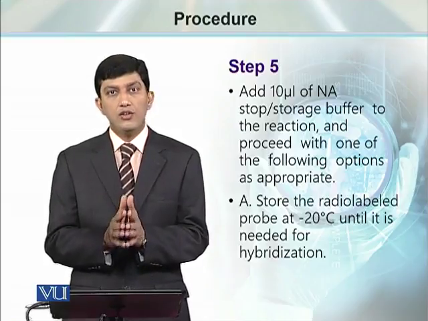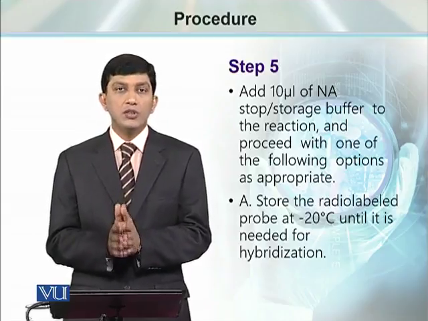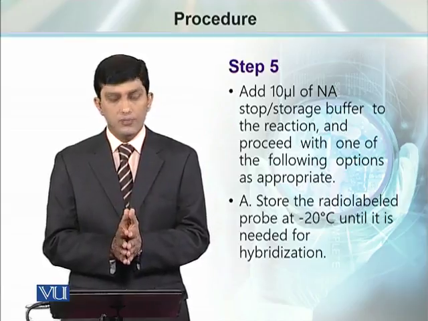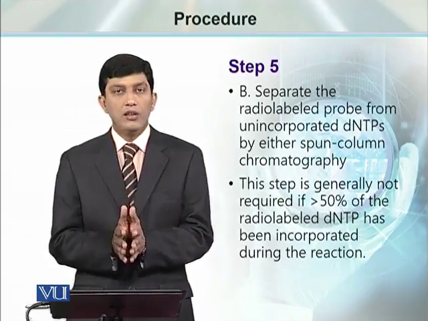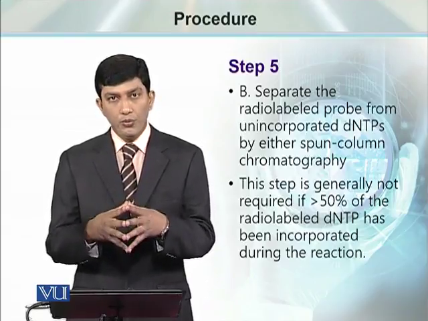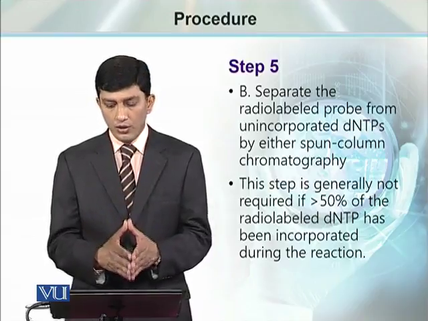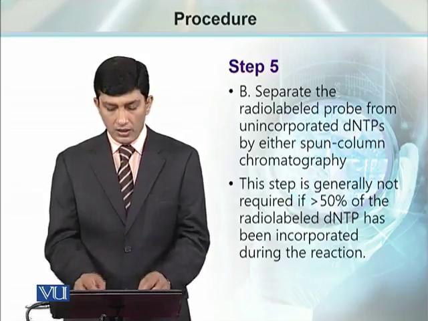Either we can store this radio labeled probe at -20 degrees centigrade for further use in the Southern blot hybridization, or we can purify the radio labeled probe from the unincorporated radio labeled nucleotide using the spun column chromatography method.